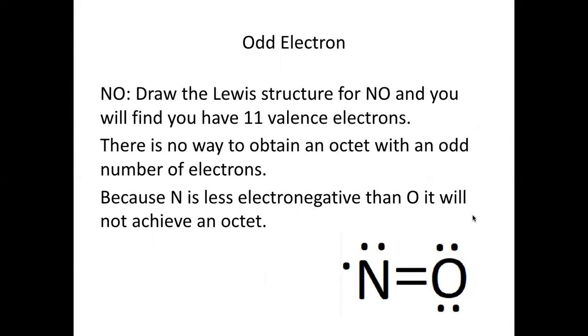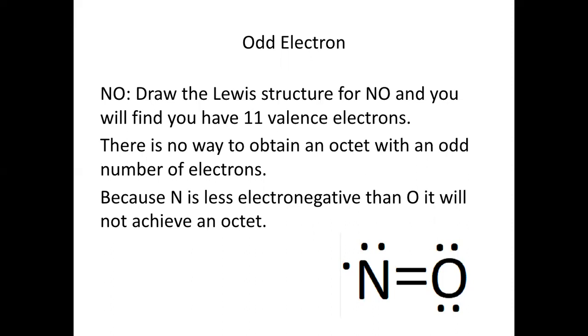When we have an odd electron situation, we'll look at nitric oxide, or NO. And if you were to draw the Lewis structure for nitric oxide, you will find that you have 11 valence electrons. And that's an odd number. If we had a bond, we know that each bond has 2. And so because we have this odd number, there is no way to obtain an octet here.